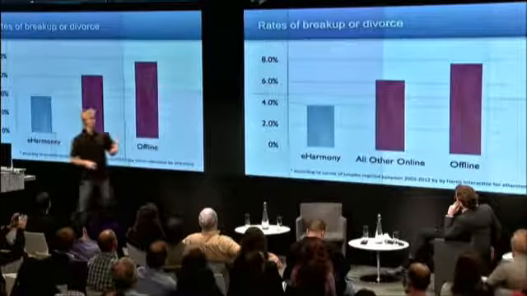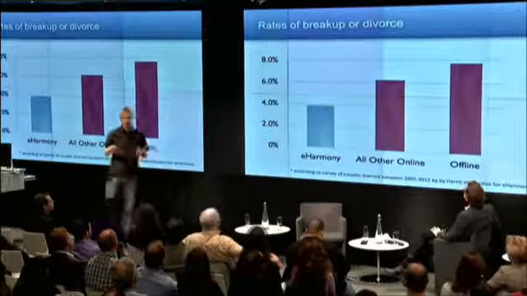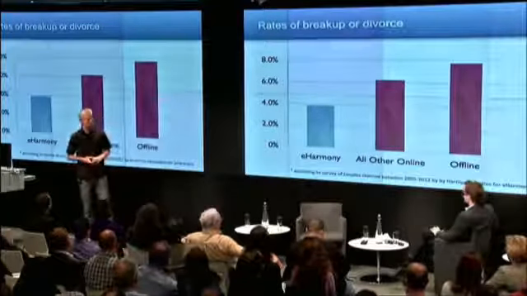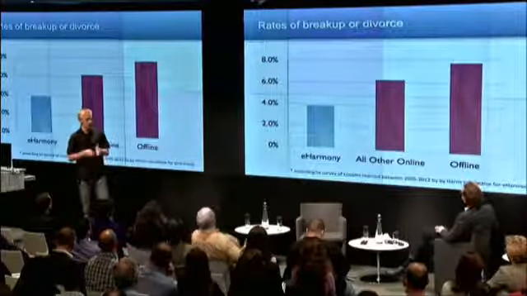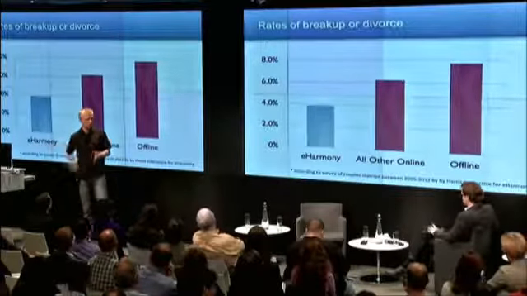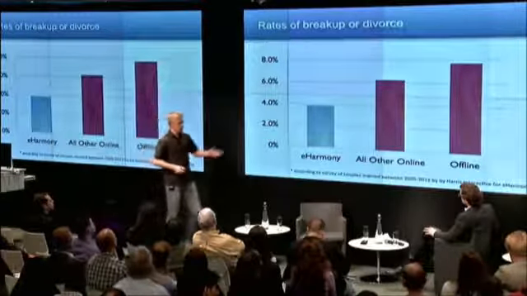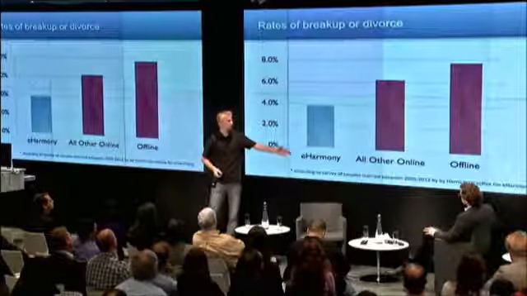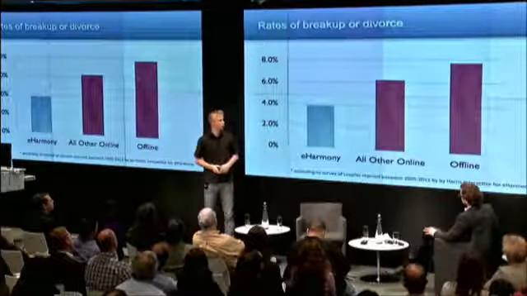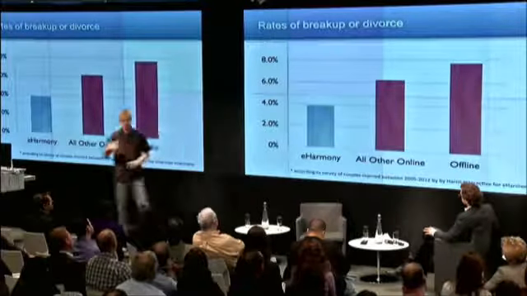That's why you are seeing relatively low divorce rates compared to the often advertised 50% divorce rate, because there is not that much time to age the marriages. The encouraging thing is that the couples that met on eHarmony also had a low divorce rate, nearly half of that of marriages that met offline.